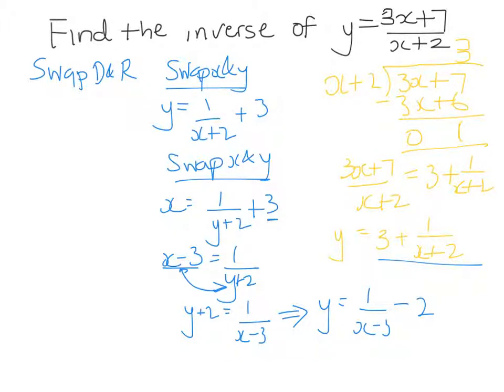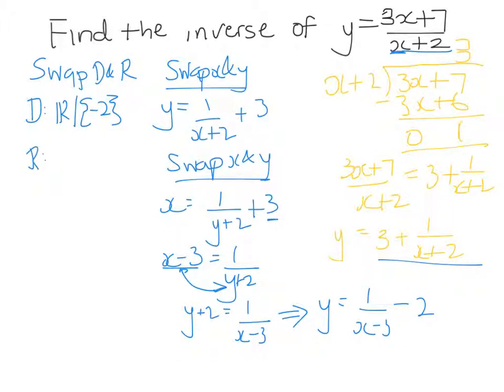Now if we were to swap the domain and range, the domain of this hyperbola could be all real numbers except for when x is equal to minus 2, because if we put in minus 2 we'll get 0 on the bottom of our fraction and the fraction will be undefined.